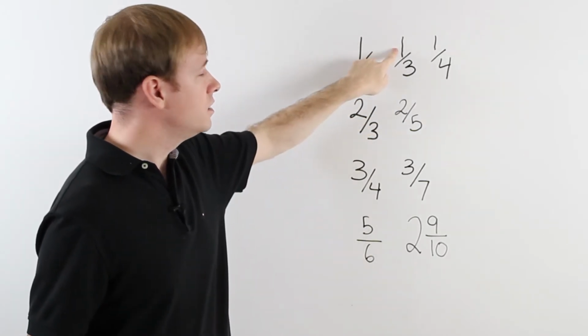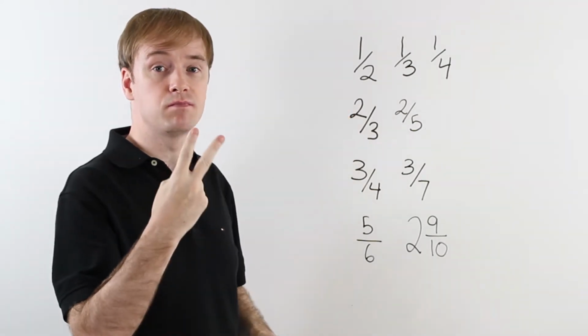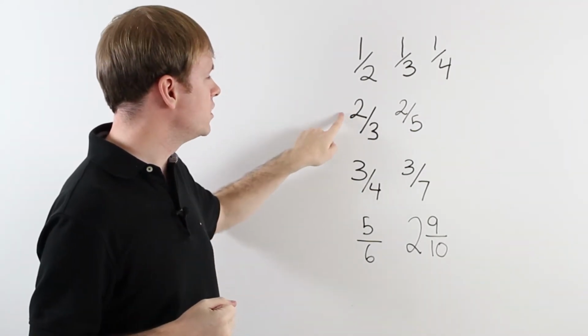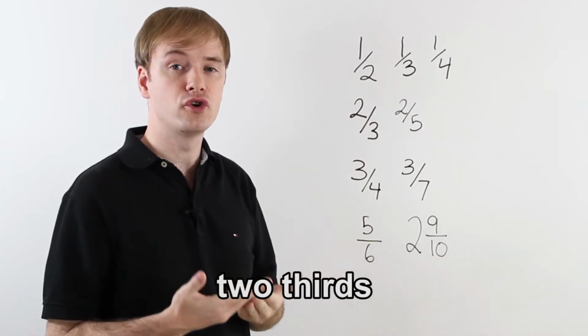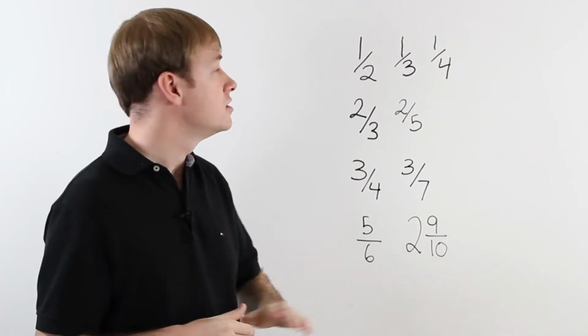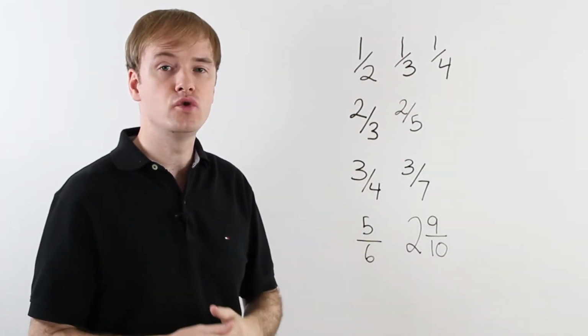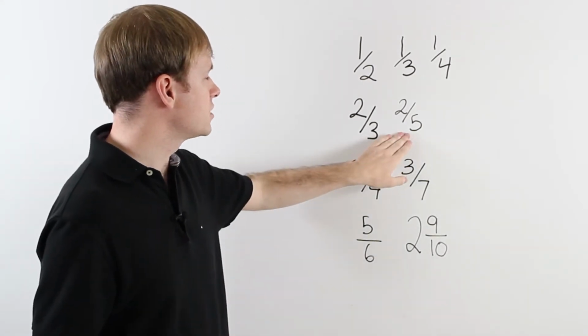Well, 1 is single, it's only 1, but 2 is plural. So we don't say 2/3 like that, we have to add an S at the end. So 1/3, 2/3. All right, let's go on to the next one.